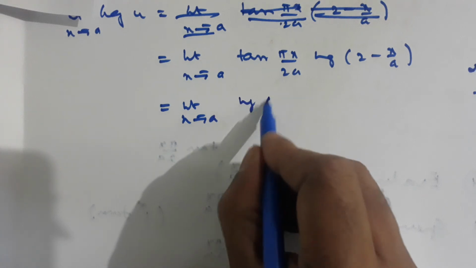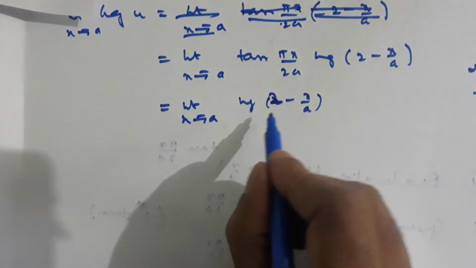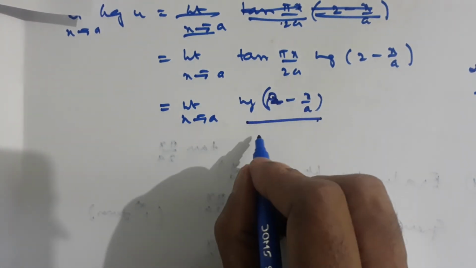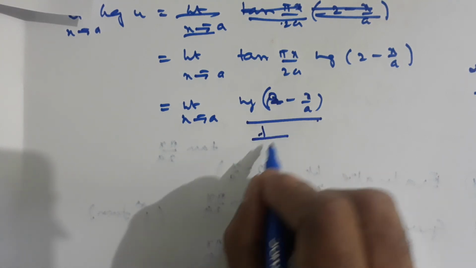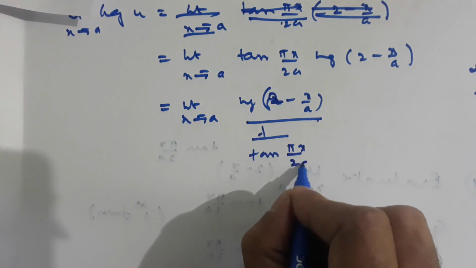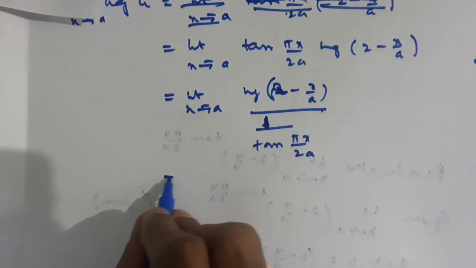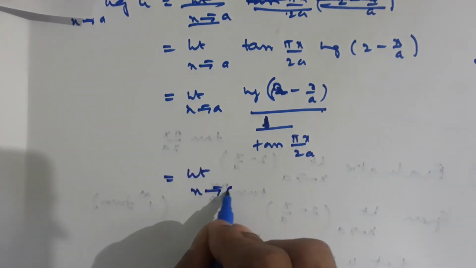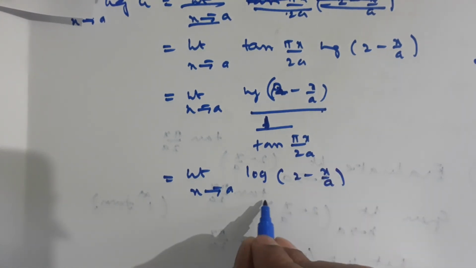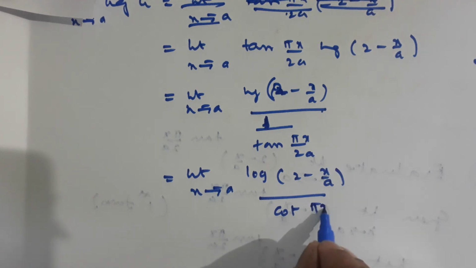So that log of (2 minus x by a) divided by cot, this is 1 by tan pi x by 2a, is equal to limit x tends to a of log of (2 minus x by a) divided by cot pi x by 2a.